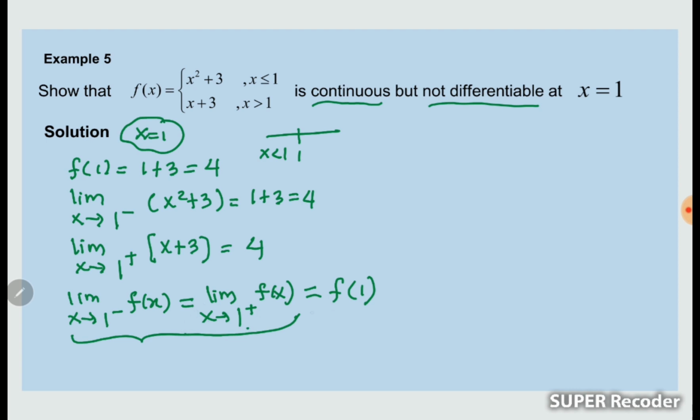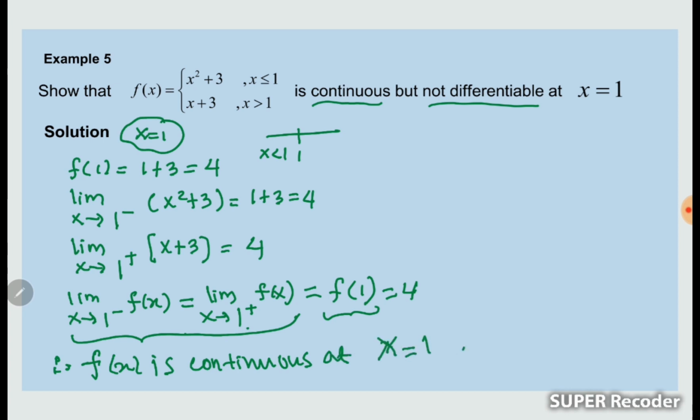To show that the function is continuous, you have to equal to f(1). Okay, what is f(1)? f(1) equals to 4. So therefore we can say that f(x) is continuous at point x equals to 1.